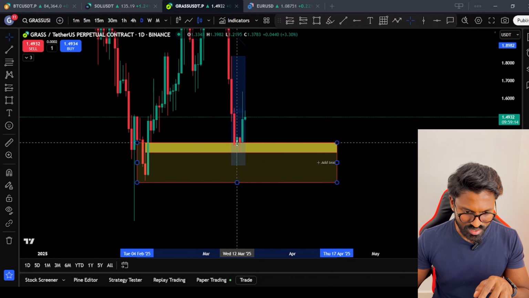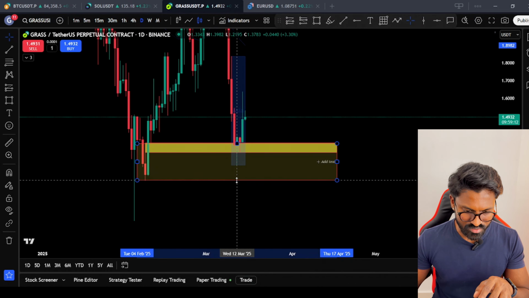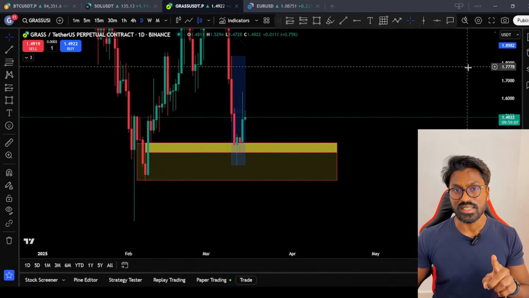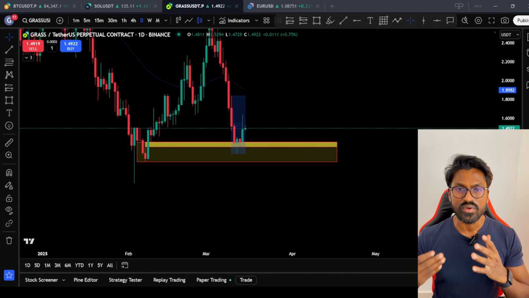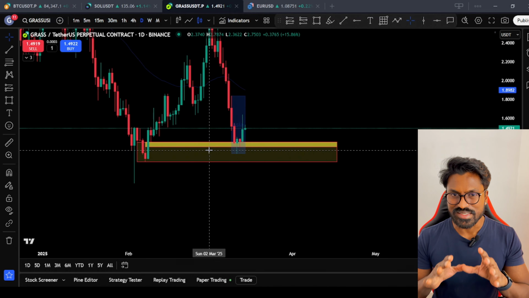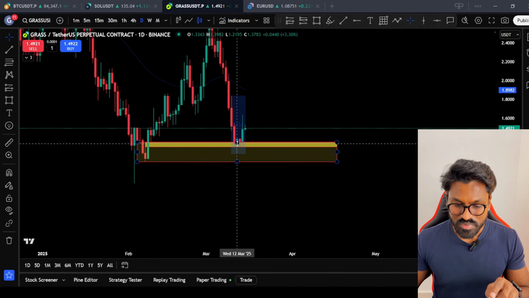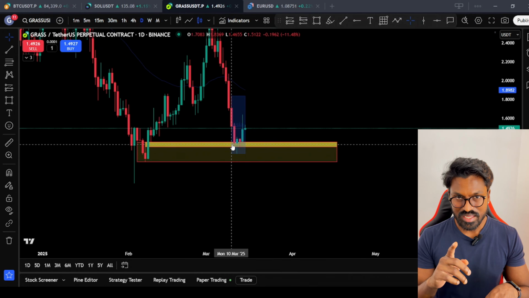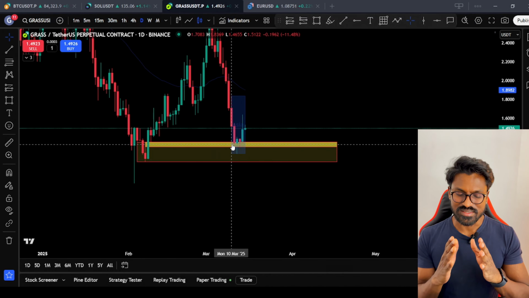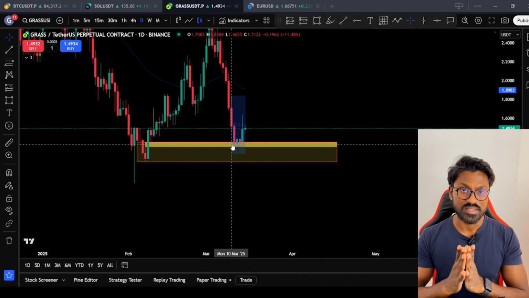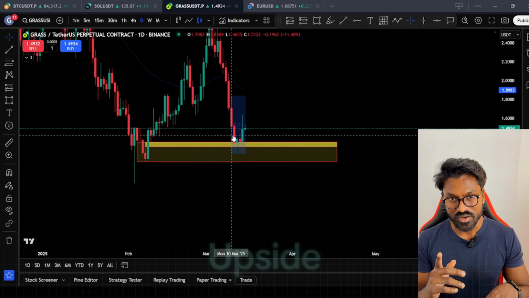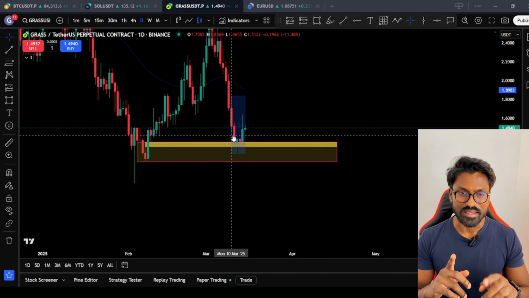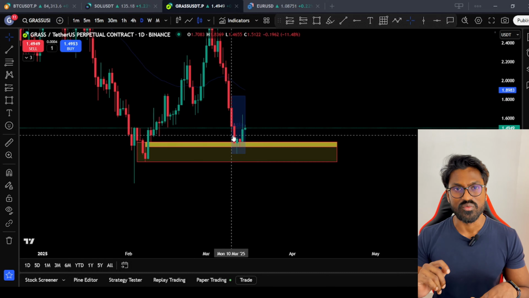So we have right now two areas that are currently holding price on the daily time frame. What is our expectation just by understanding this alone? When price comes into this zone, if price starts to respect it, our expectation is that price will be moving towards the upside, because it is a bullish order block and a bullish fair value gap.